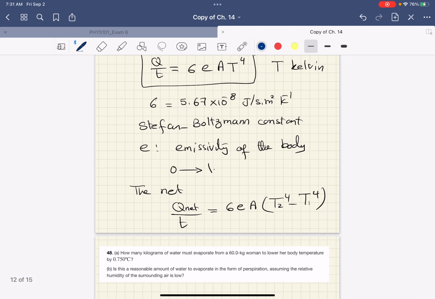If I have the object emitting and receiving energy at the same time, then I need to subtract the two temperatures to the fourth, and this is the equation.